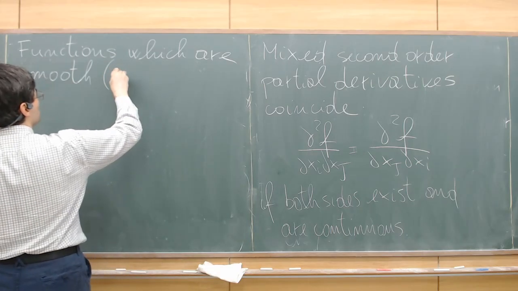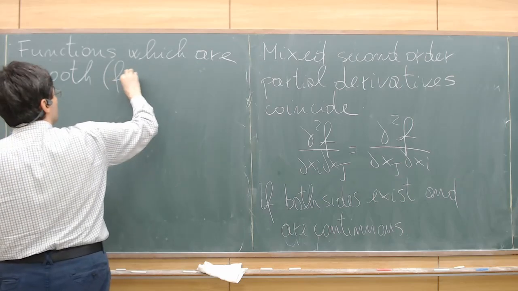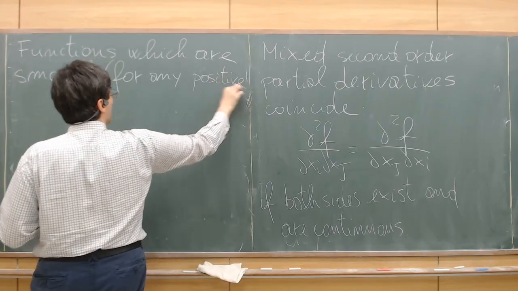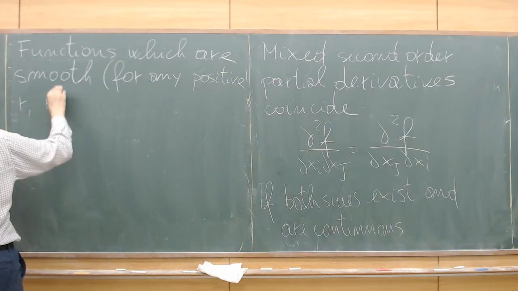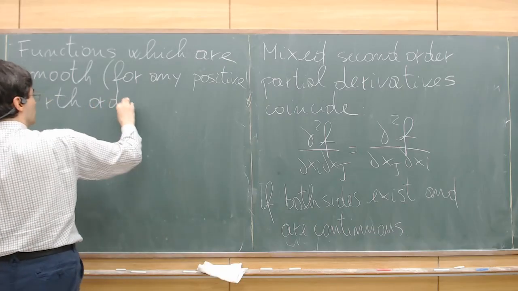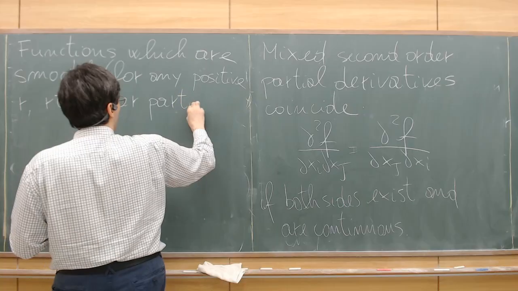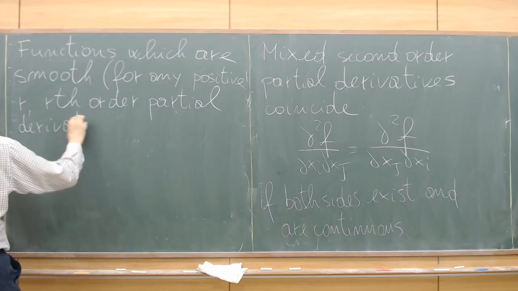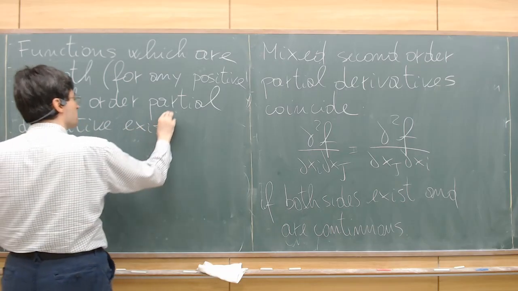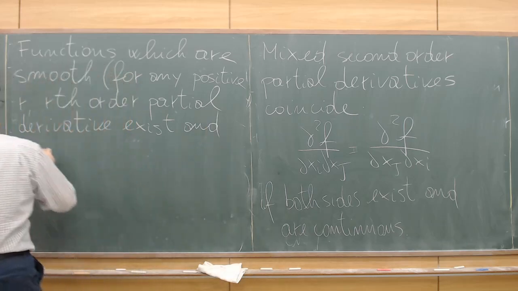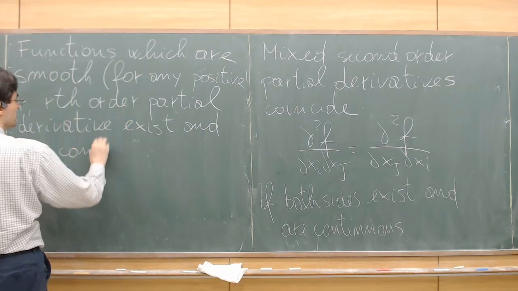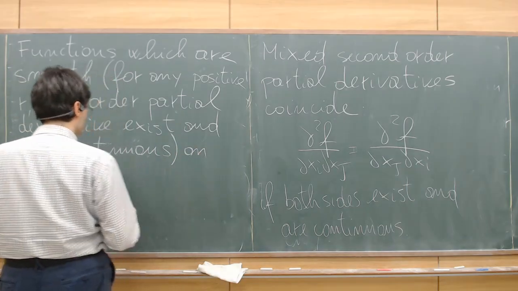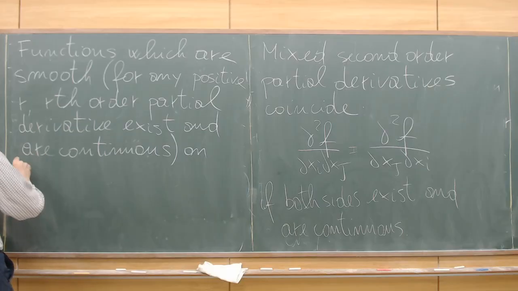This means that for any positive r, the rth order partial derivatives exist and are continuous on U, on their domain.